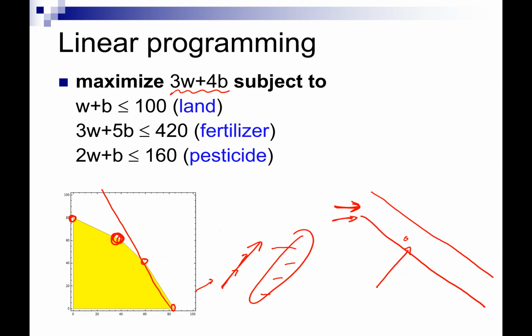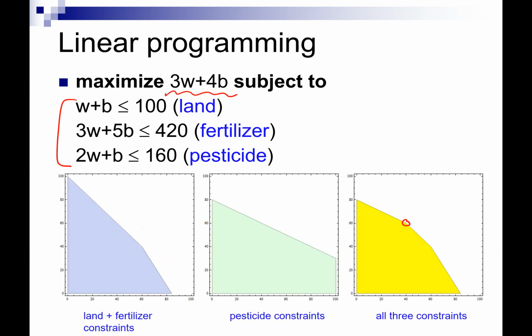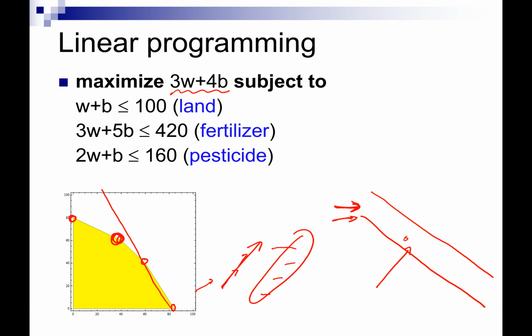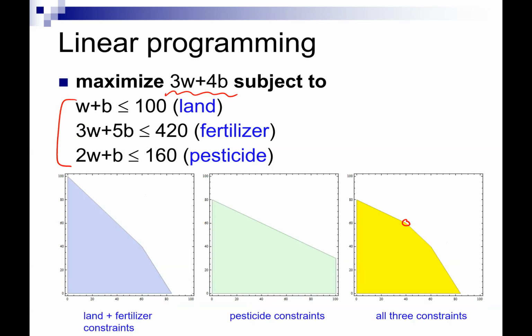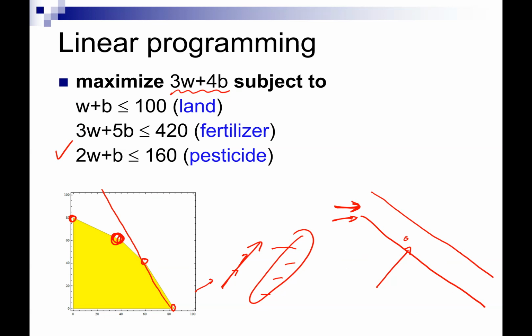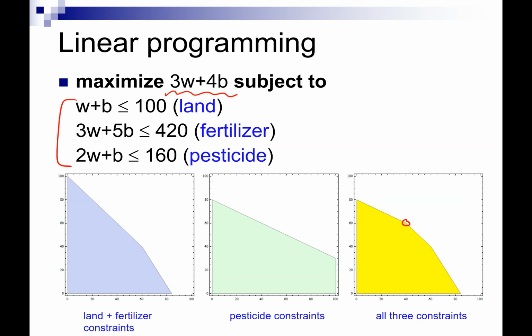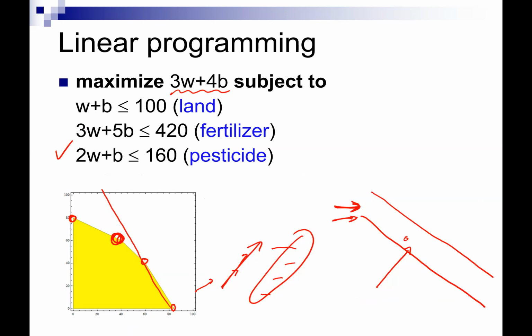So this point is formed by the pesticide constraint, and then which one is it? The land constraint. No, it's not the land constraint. Okay, it's a pesticide constraint and a land constraint.